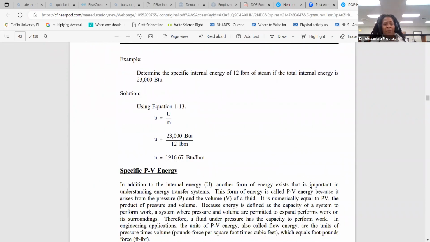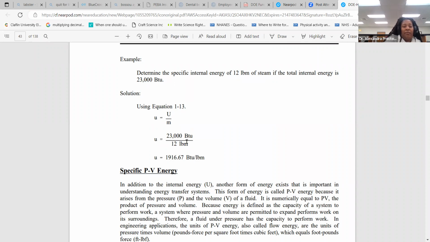So if you determine the specific internal energy of a 12-pound mass of steam, if the total internal energy is 23,000 BTU, then you're going to use the equation that was just given, where lowercase u is equal to capital U divided by M. U in this problem is 23,000 BTUs.